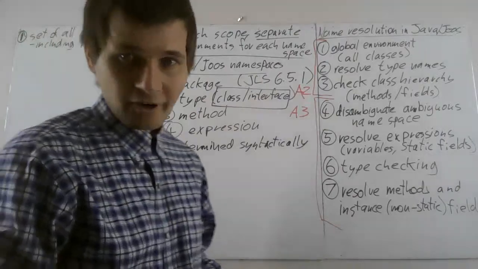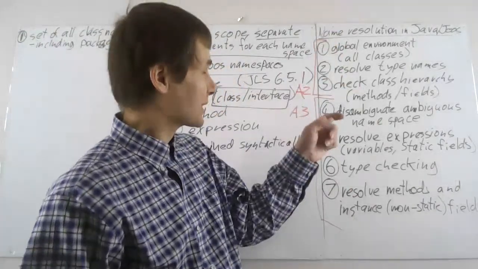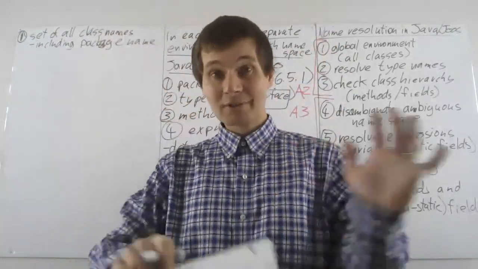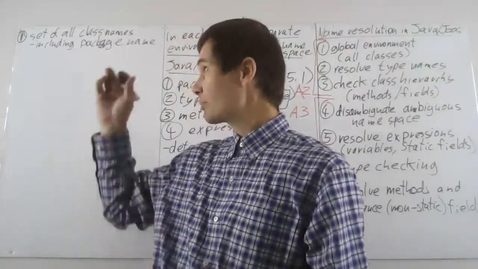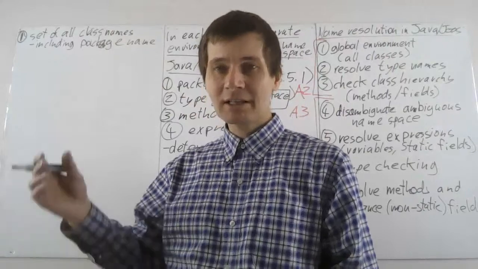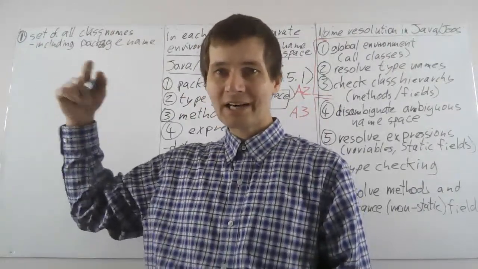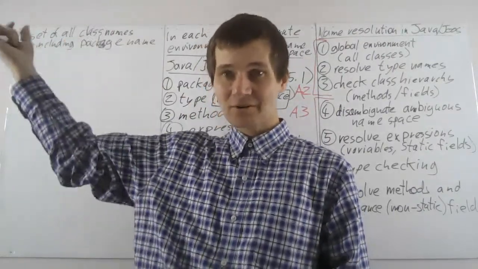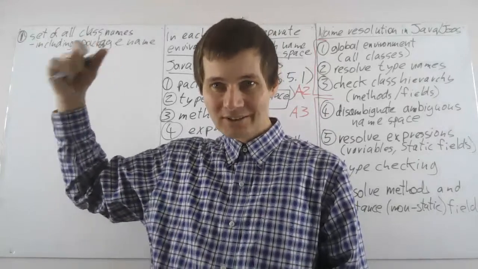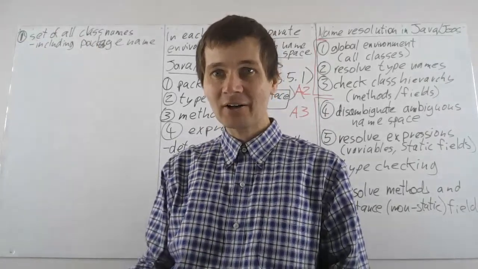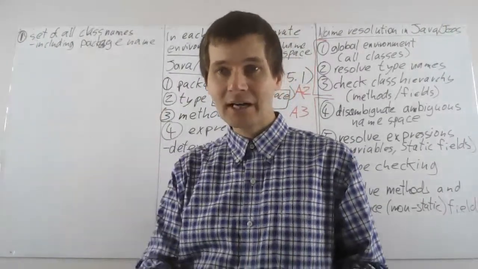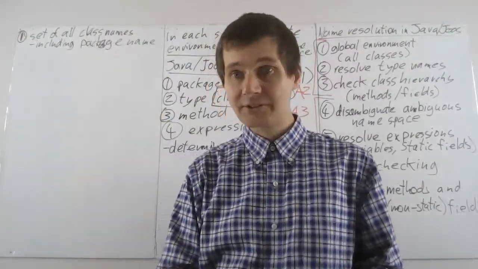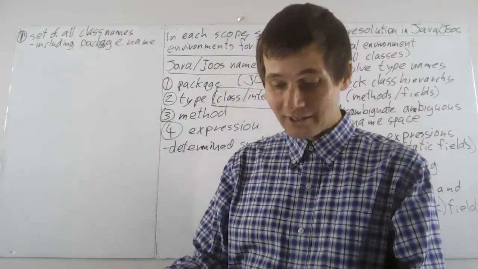I put it as a step because you have to do it first, but it's really trivial. You just look through all your code, find all the classes, attach each class name to the package that's declared in that same file, and you put these in a set, and now you have a set of all your classes.